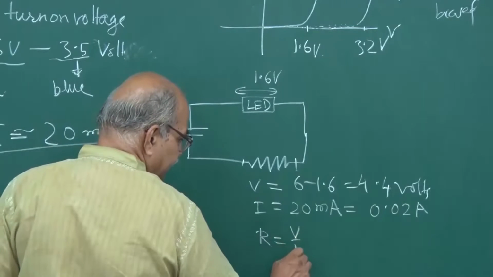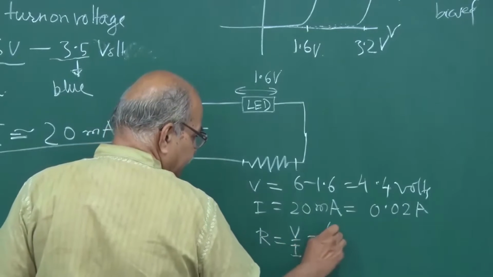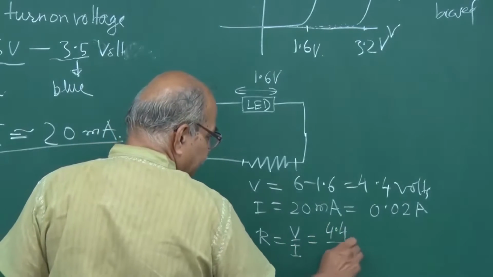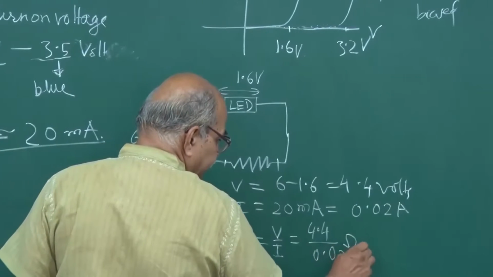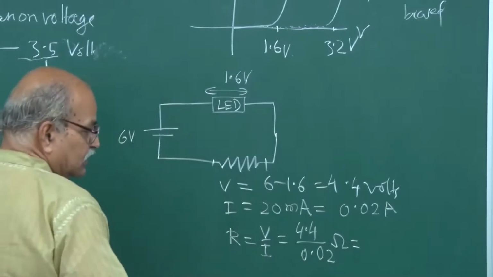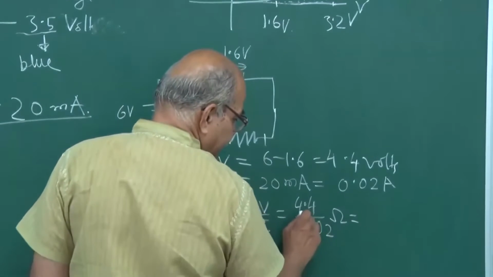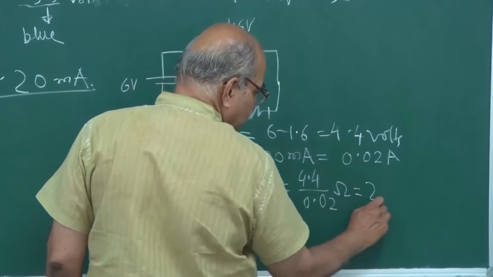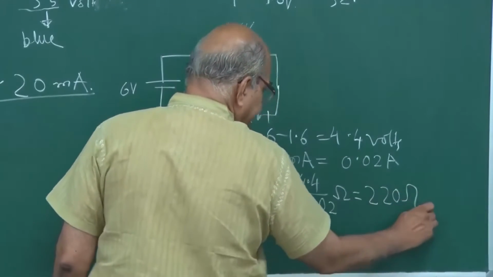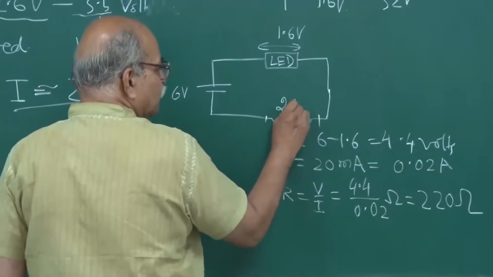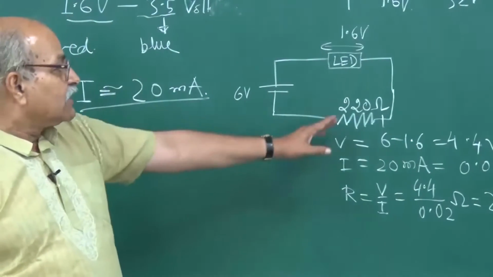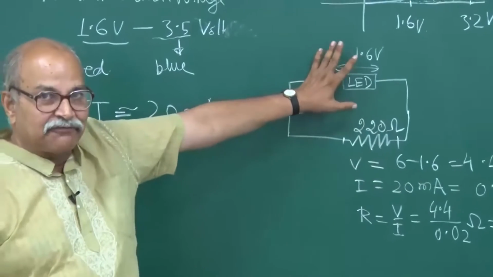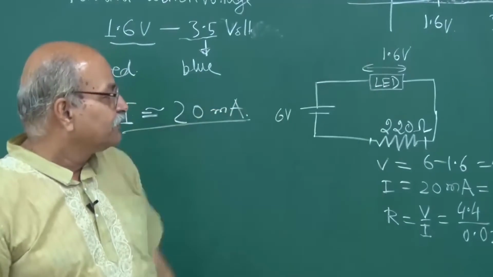Resistance should be V by I, that is 4.4 divided by 0.02 ohm. So how much is that? 440 by 2, 220 ohms. So you should put a 220 ohm resistance here, so that it is running safe.